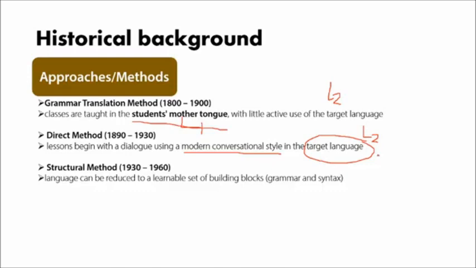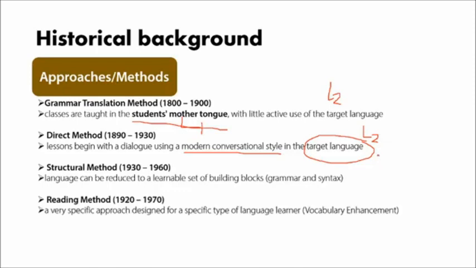So this is particularly talking about the phrase, clause, and sentence up to a pragmatic level. It is based on the assumption that language can best be learned through scientific selection and grading of the structures and patterns of sentences and vocabulary. Alright, so more or less, the structural method is related to the grammar translation method because they are anchored to the structural view of language teaching and learning. The only difference is that grammar translation uses the mother tongue.